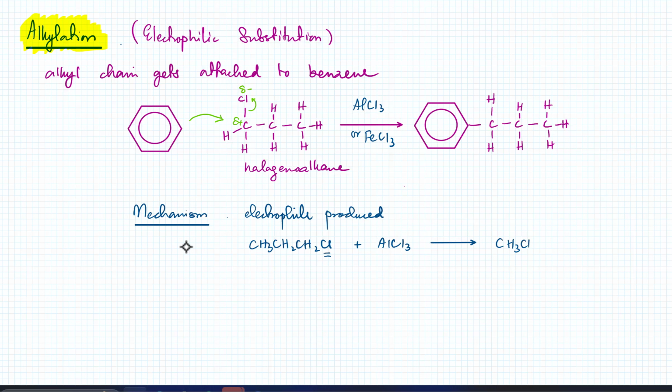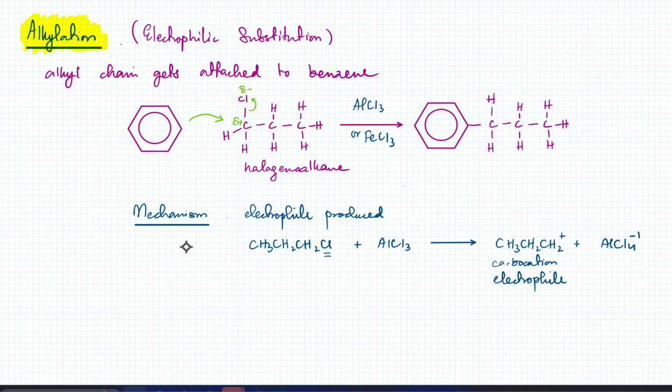It's going to produce CH3, CH2, CH2 plus, and the Cl gets knocked out and it's going to be AlCl4 minus. The Cl forms a dative bond with the Al. So that's the first thing, and that's your electrophile. This is your carbocation, and that happens to be your electrophile.